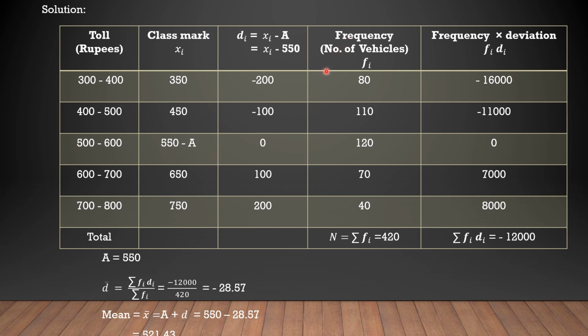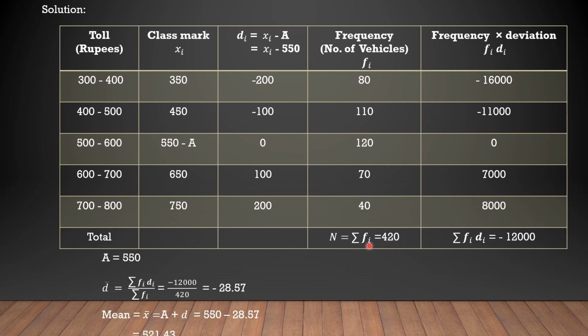Then frequency, number of vehicles: 80, 110, 120, 70 and 40. So we find the value of n. N is summation of Fi. So here we add all the values, number of all vehicles: 80 plus 110 plus 120 plus 70 plus 40, which is equal to 420.